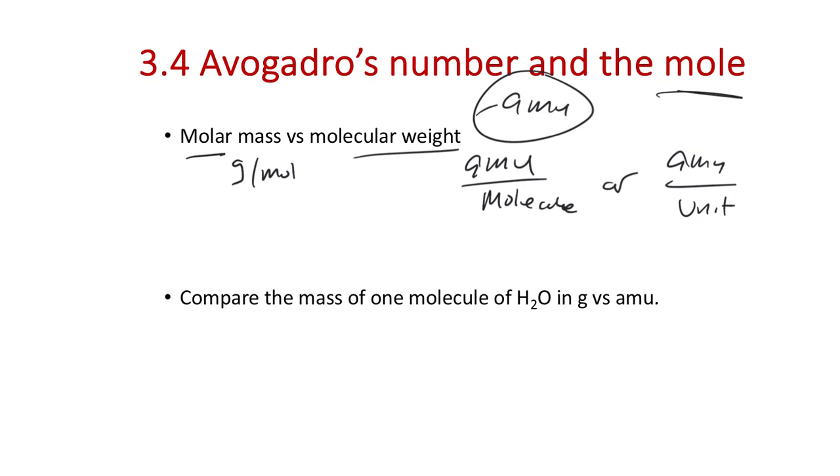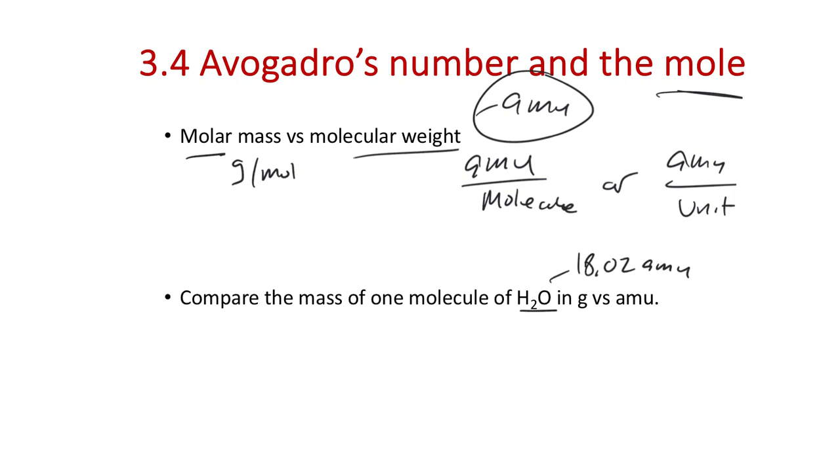Let's give an example of how we can convert the atomic weight of something like water into grams per mole, just to see how easy it is. Taking the values off the periodic table, we do 1.008 times 2 AMU, and then add 16 to that, and we get 18.02 AMU.